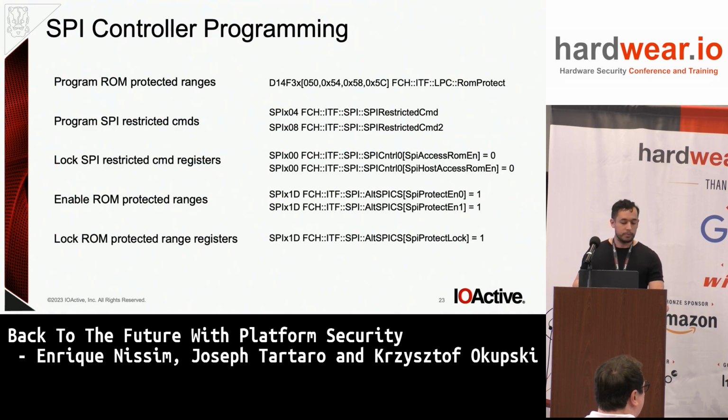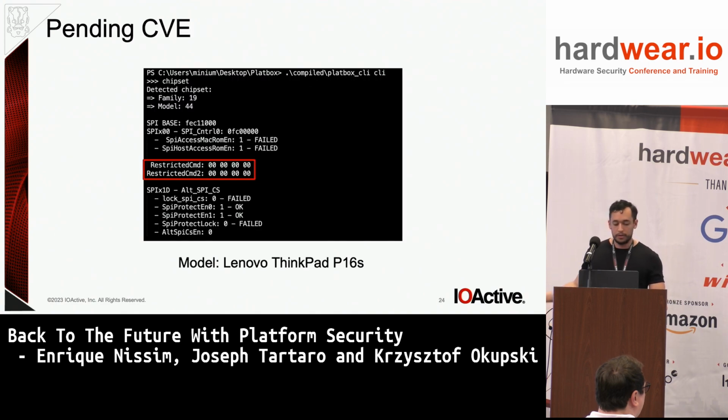So it's a bunch of steps, and of course, we saw some vendors doing it wrong. This is a Lenovo ThinkPad P16s, the AMD one, and we can see how there are no restricted opcodes in that list, which means from the OS, we can just write directly to the flash.